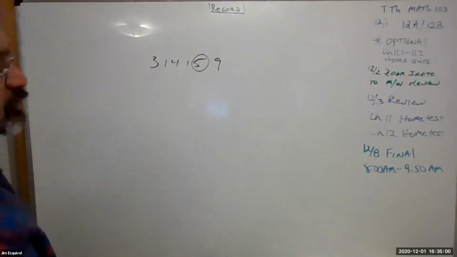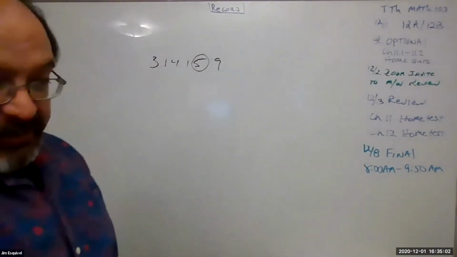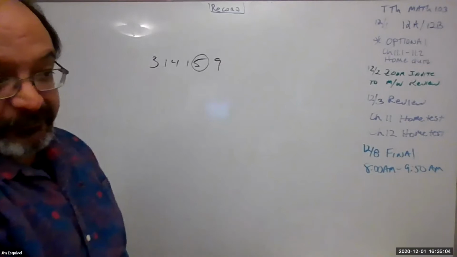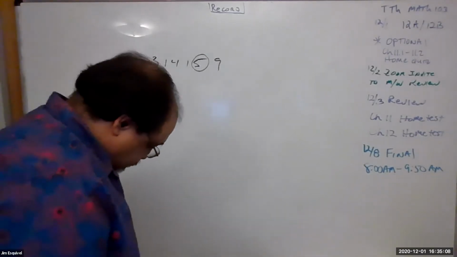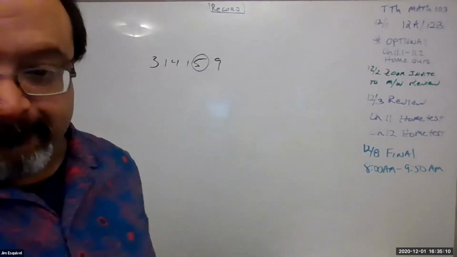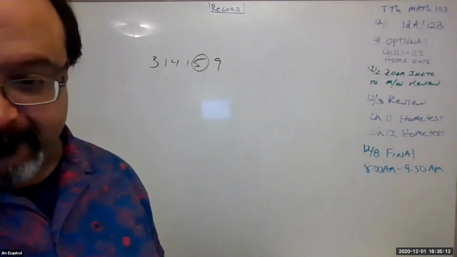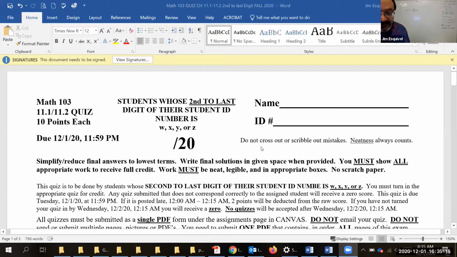So I would want to make sure I click on the quiz that says 5. I have to start getting creative with how I deal these things out. So we mix it up a little bit. So the second to last digit.